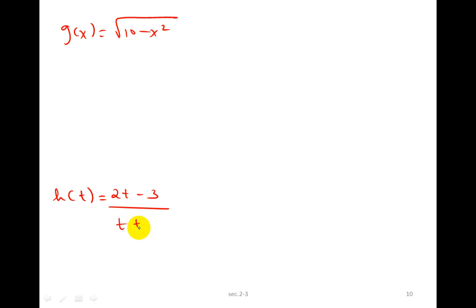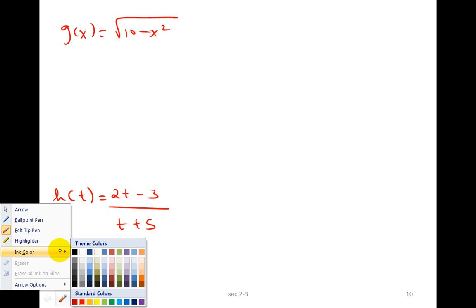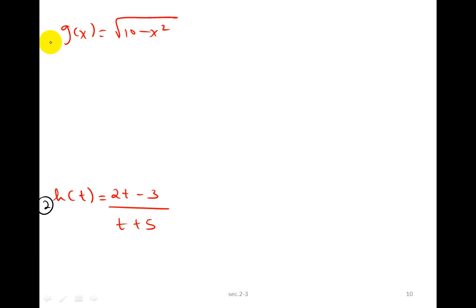The first question or the first function is g of x equals the root of 10 minus x squared, and the second question is h of t equals (2t minus 3) over (2 over t plus 5).